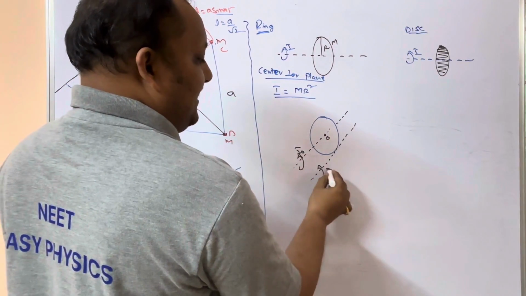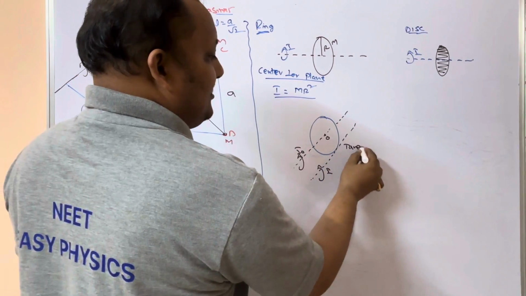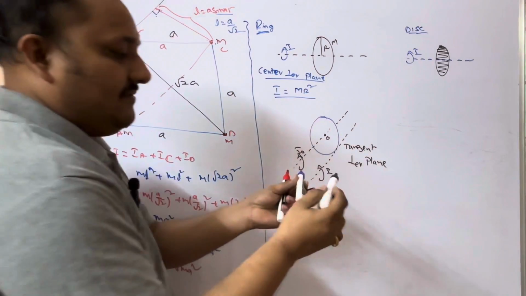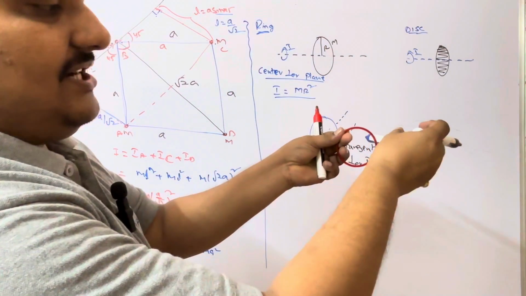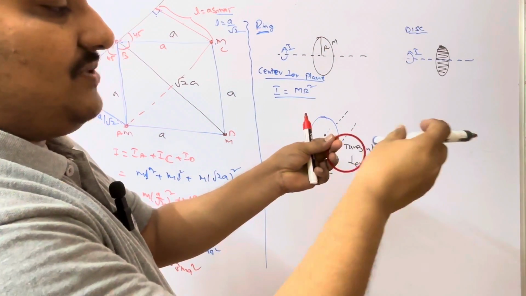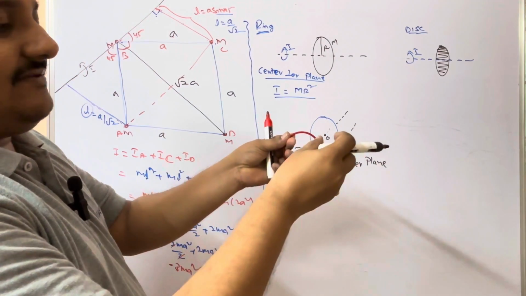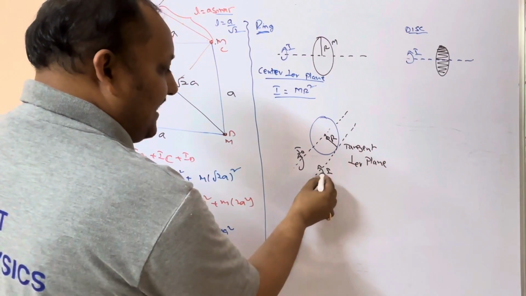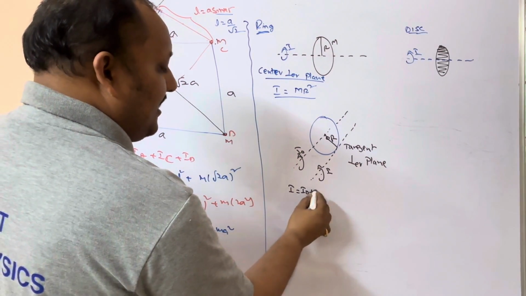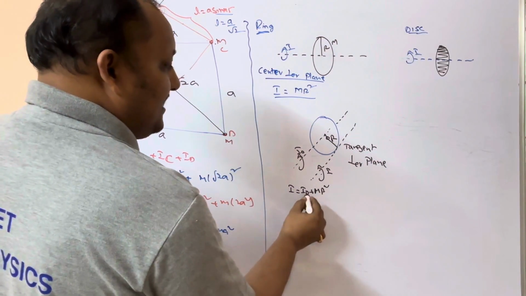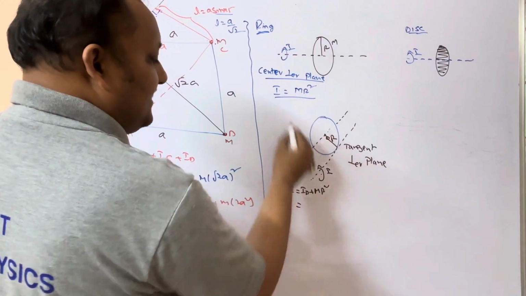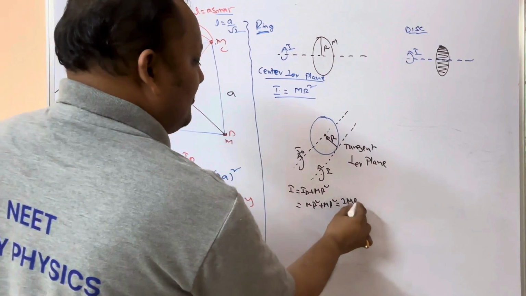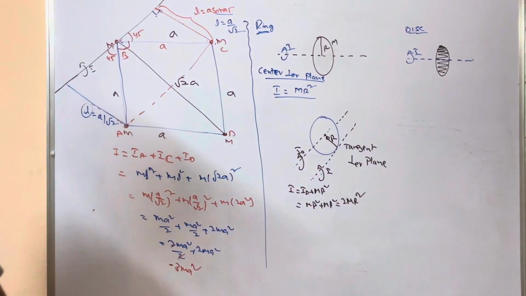Now this axis name is tangent perpendicular to the plane. How are these two axes? These two axes will be parallel. Therefore, which theorem do we have to apply? Parallel axis theorem. I is equal to I naught plus mr square. What is I naught? We already got it about this axis, mr square. So mr square plus mr square, that is 2mr square.